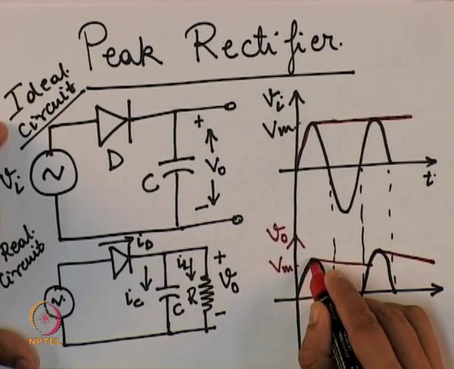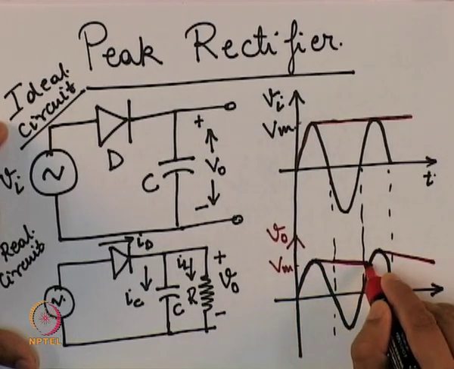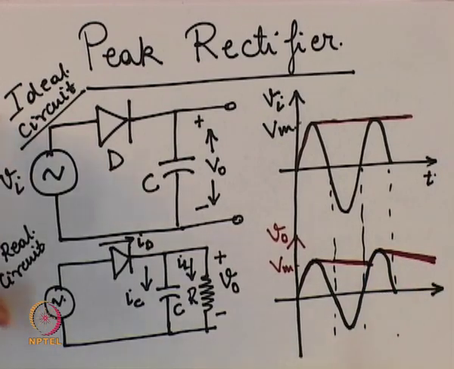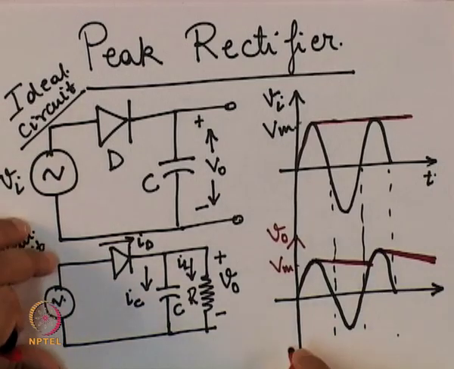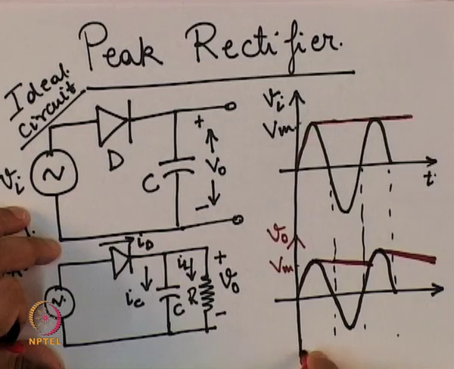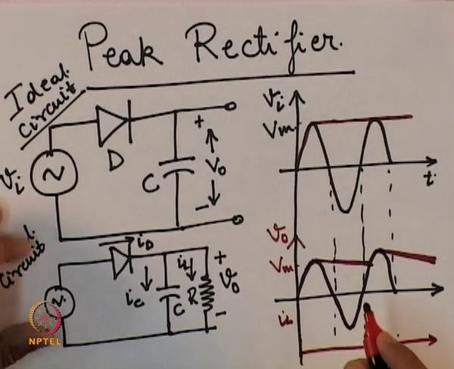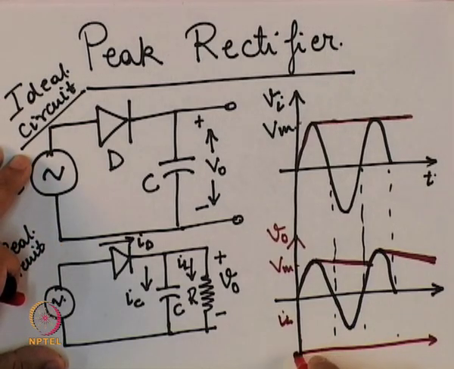So, my output will follow a pattern like this. Okay. What about this load current? If I want to plot the load current as well, then it will be somewhat like this.